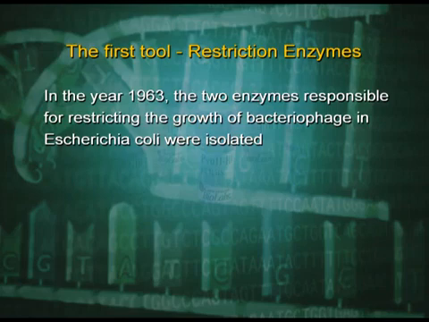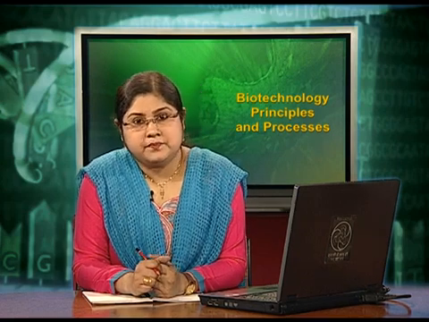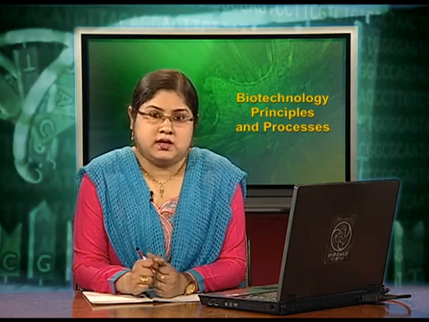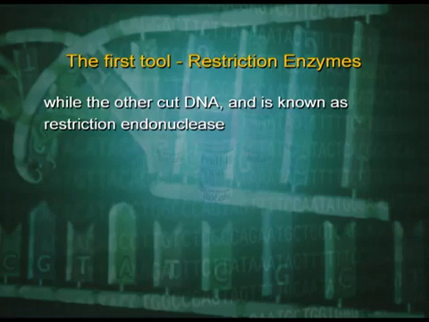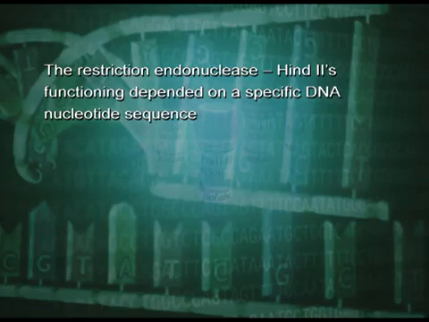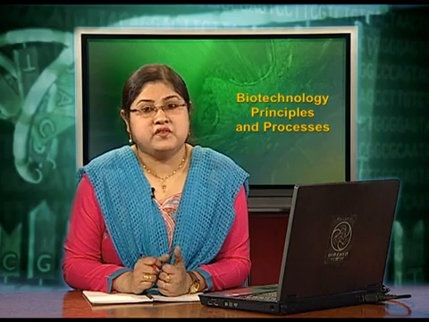In the year 1963, the two enzymes responsible for restricting the growth of bacteriophage in Escherichia coli were isolated. One of these added a methyl group to DNA, while the other cut DNA and is known as restriction endonuclease, HindII. HindII's functioning depended on a specific DNA nucleotide sequence, which was isolated and characterized 5 years later.